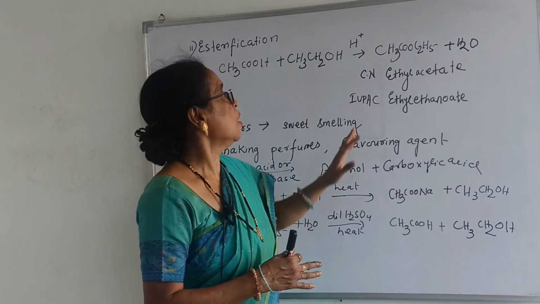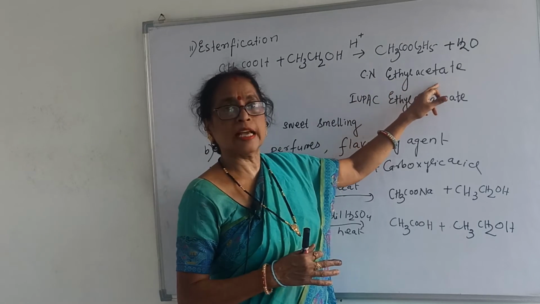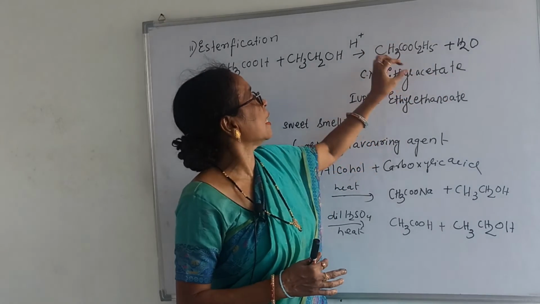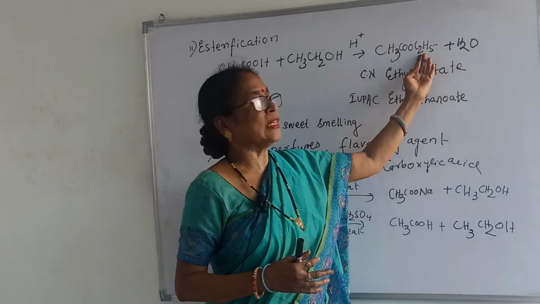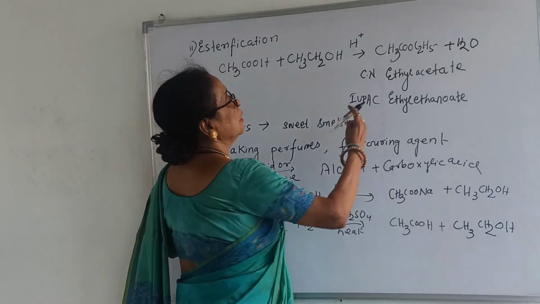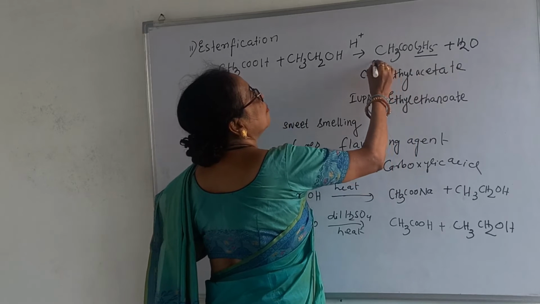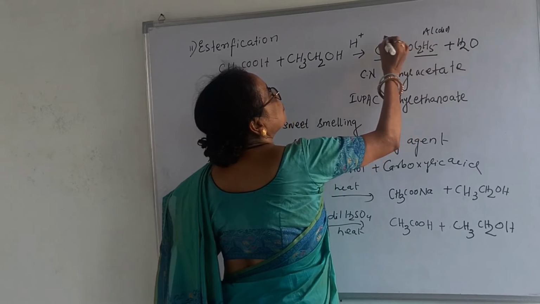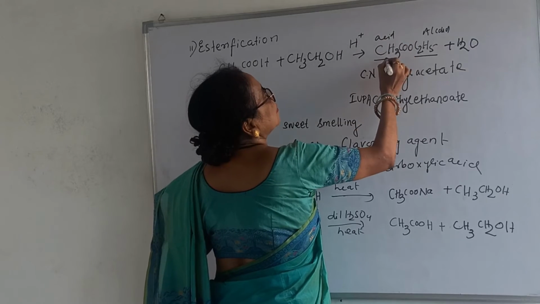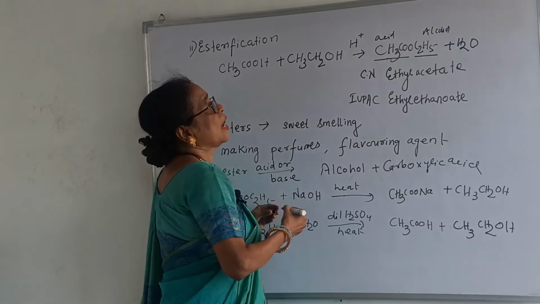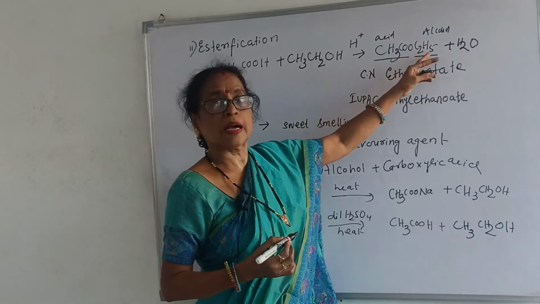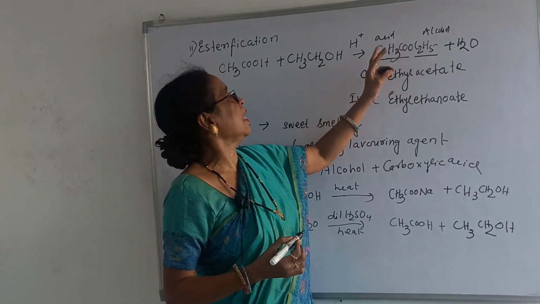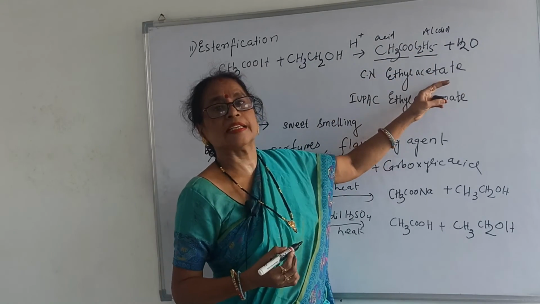CH3COOC2H5 is an ester. What is the common name? Ethyl acetate. Because this part is the acid part and this part is the alcohol part. This part is from alcohol and this part is from acid. So the ethyl, the alcohol part, you name first: ethyl acetate.